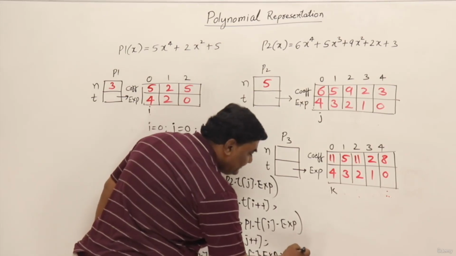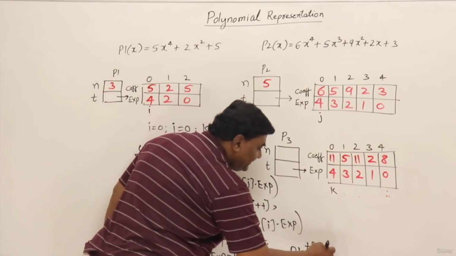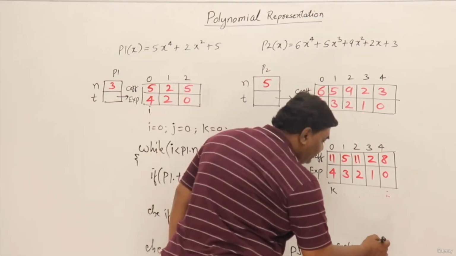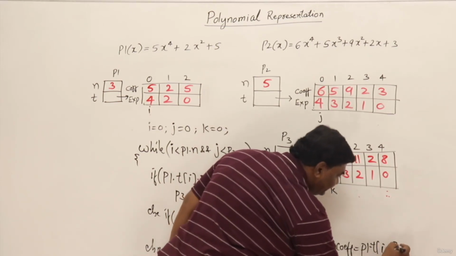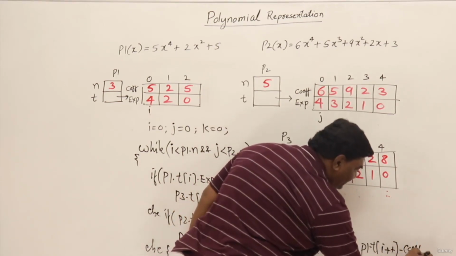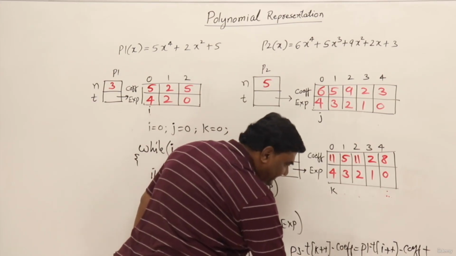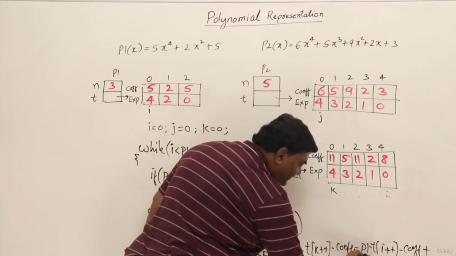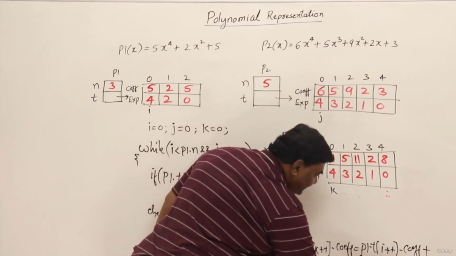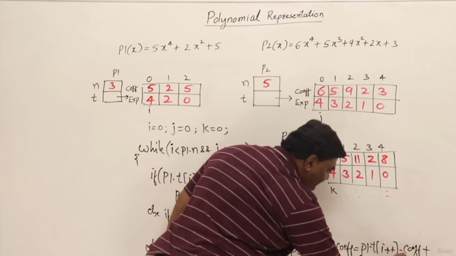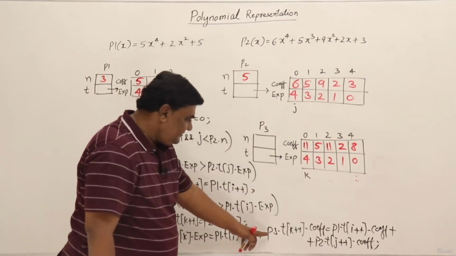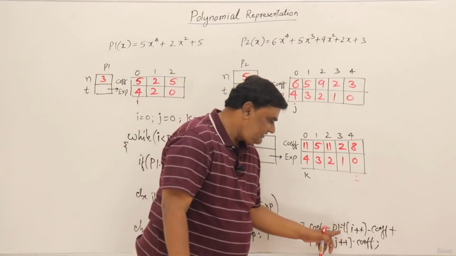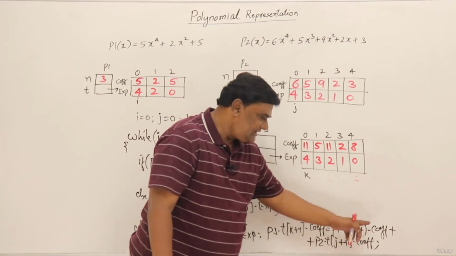So P3 dot t of k plus plus dot coefficient should be equal to P1's t of i plus plus dot coefficient plus, there is no space, so I will continue in the next line, plus P2 dot t of j plus plus dot coefficient. So in P3's t of k's coefficient, I am adding coefficient of P1 and P2. Two coefficients I am adding.